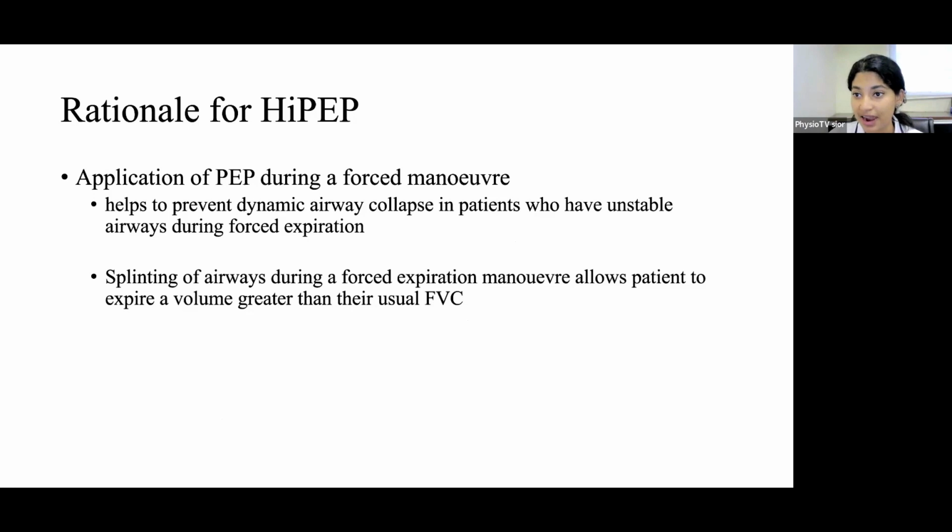So to prevent that dynamic airway collapse that might occur when you are trying to expectorate or move the secretions from the periphery to the central airways is what will be avoided in the high PEP therapy. Okay, so the airways will remain splinted, will remain open for a longer period of time, and allowing that will allow the patient to expectorate or expire for a longer period of time.